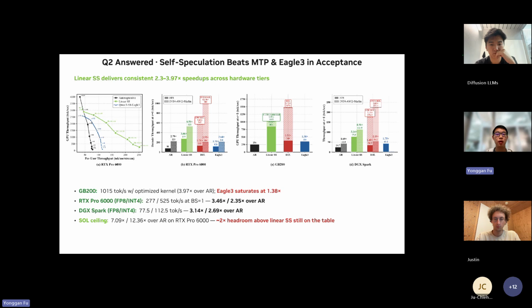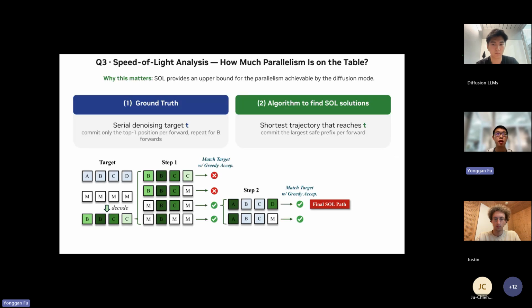So then do we really have sufficient reason to do diffusion style decoding at inference time in the future? Should we only use self-speculation in the future? So this is our third question. What would be the real promise of diffusion mode decoding? Do we have sufficient reason to justify its long-term exploration?